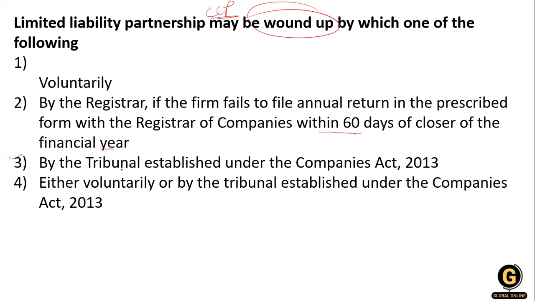Statement number 3 is by the tribunal established under the Companies Act 2013, and the fourth one is either voluntarily or by the tribunal established under the Companies Act 2013.